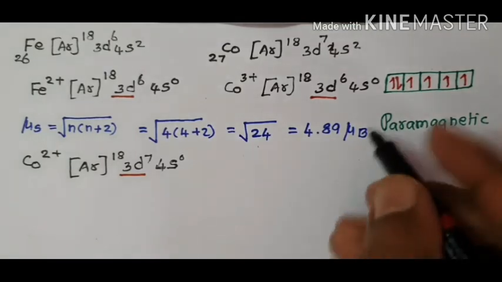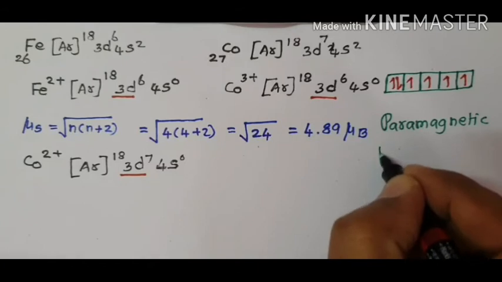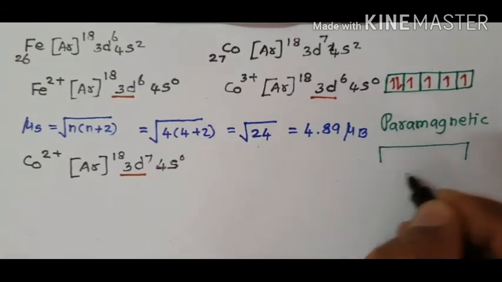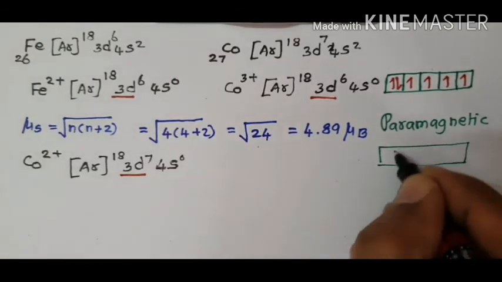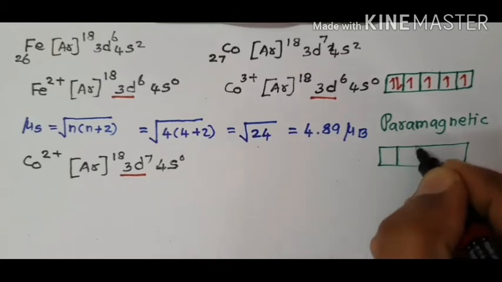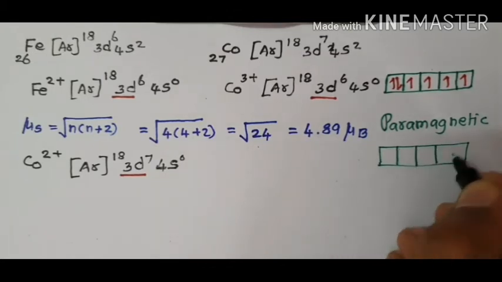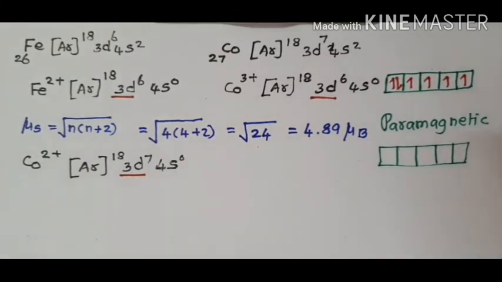Fill the 7 electrons in the 5 orientations of the d orbital: dxy, dyz, dzx, dx squared minus y squared, dz squared. How to fill 7 electrons?